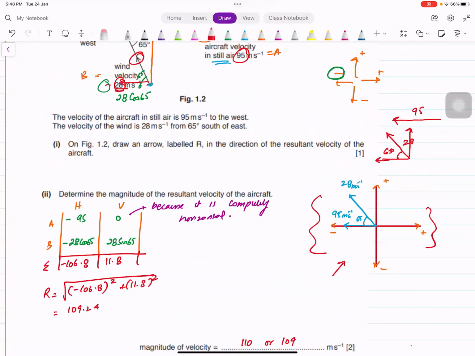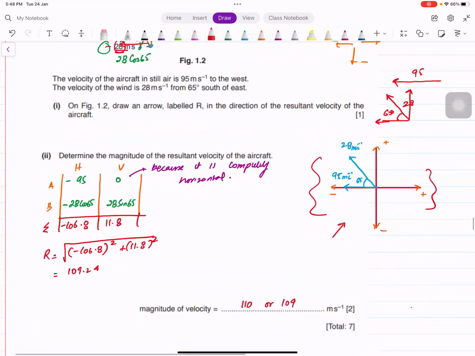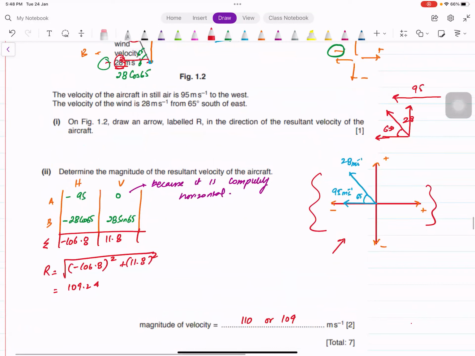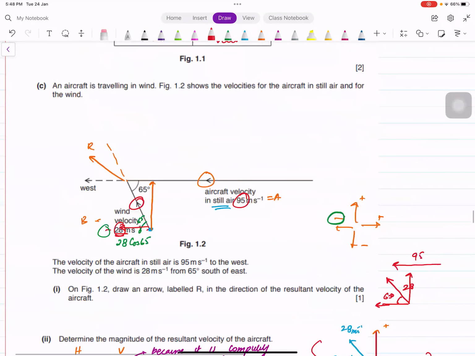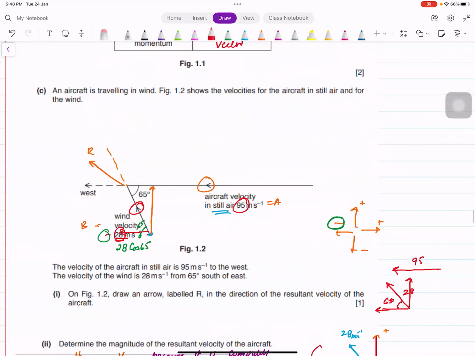Sir, I didn't understand how you got the direction of R. I never found the direction of R. Oh, you didn't understand that. Okay, let me just tell you how. Imagine this, please. This velocity, the wind, is going to push whatever it is to this side.